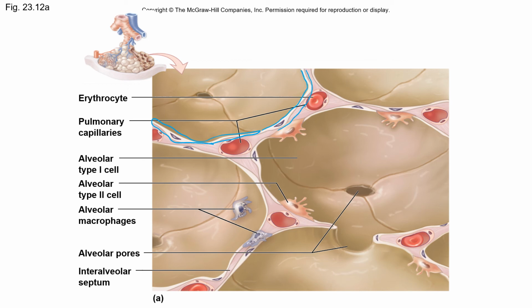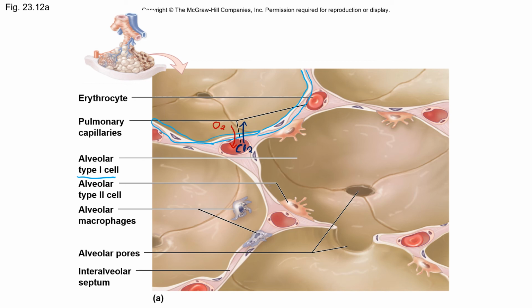These are known as alveolar type 1 cells, and their main job is to serve as respiratory membranes to allow oxygen from the air to slip through them into a pulmonary capillary and to allow CO2 from the blood to slip through those thin walls into the airways themselves.